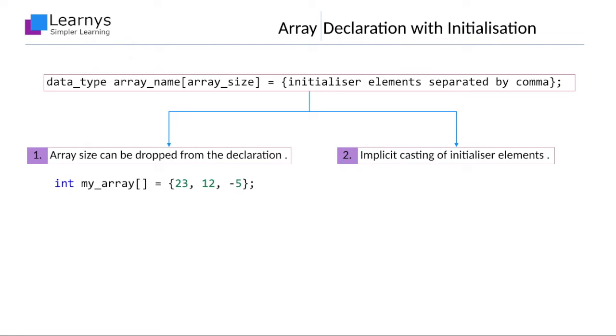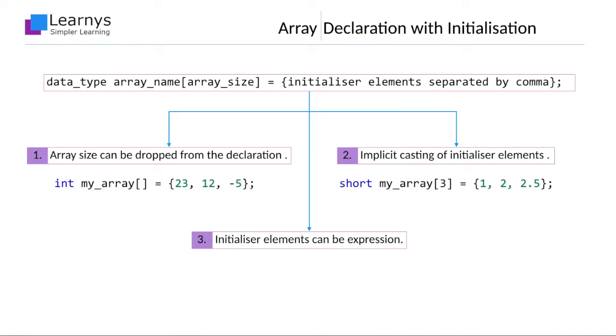If the data type of the initializer element is not compatible with the data type of the array, the compiler will implicitly cast the initializer element into the declared data type of the array. In this example, the third initializer element, which is float, will be cast into short type before getting stored at the third location of the array. This casting is done because the array has been declared to hold short type data.